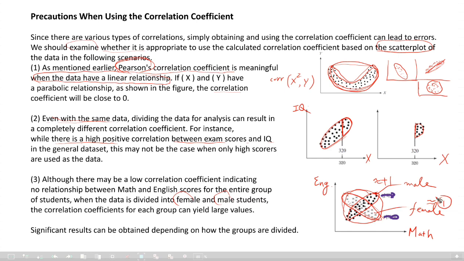So I think you have to get a scatter plot when you analyze, when you get a correlation coefficient. Significant results can be obtained depending on how the groups are divided. So I think you get what the precautions are. Okay, let's stop here today. Thank you. Bye.